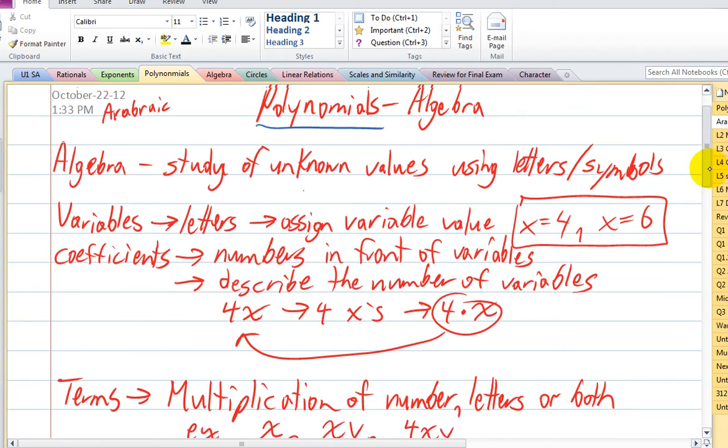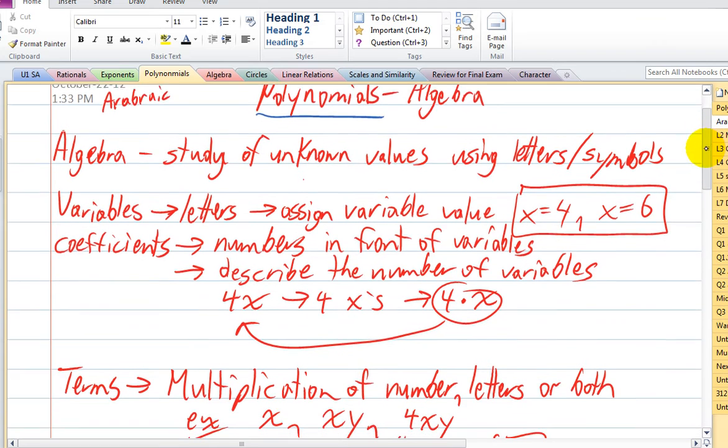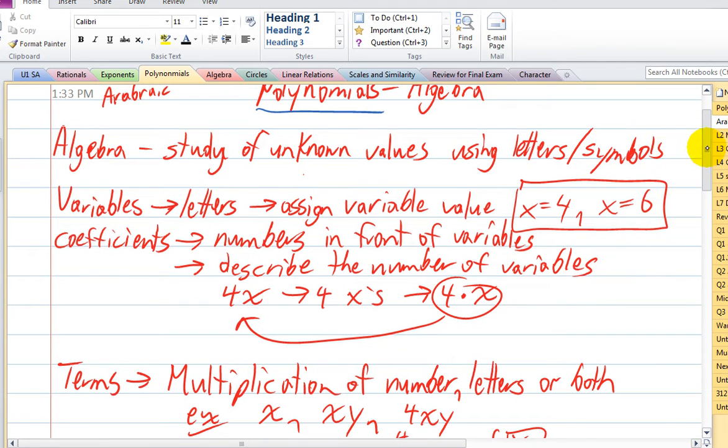Another definition is terms. Terms are a multiplication statement, the multiplication of numbers, letters, or both. Like 4x is 4 times x. So 4x is what we call a term. We can also have some different examples, such as x, an xy term, a 4xy term.